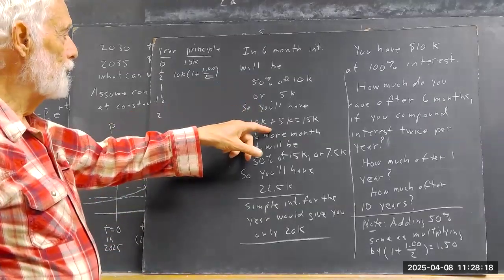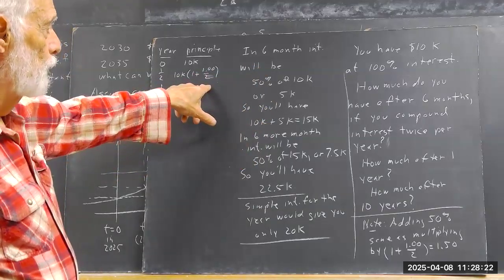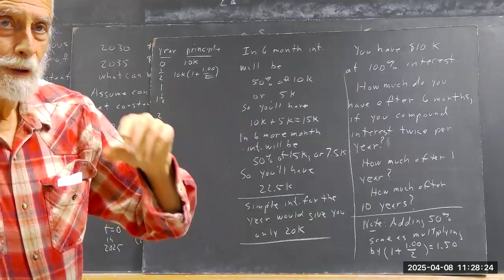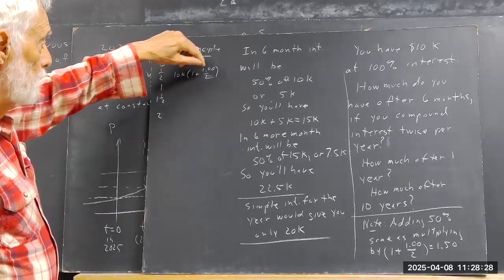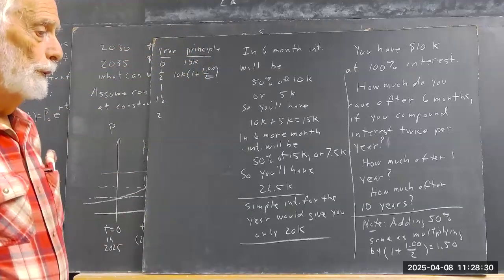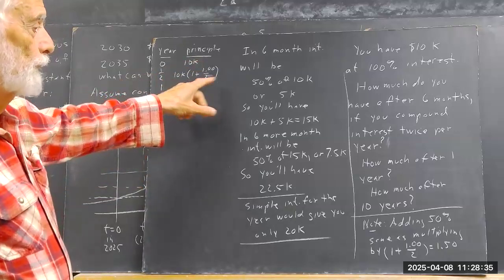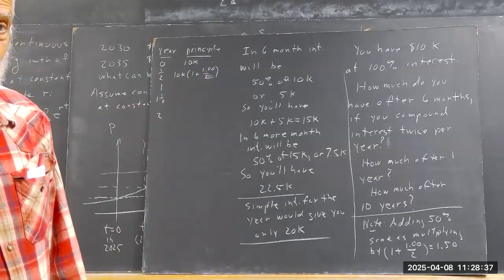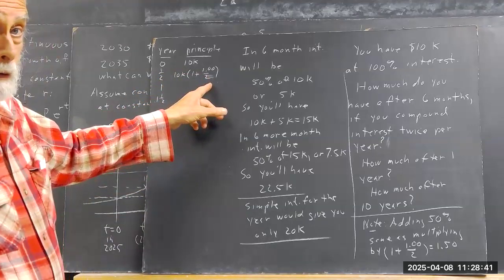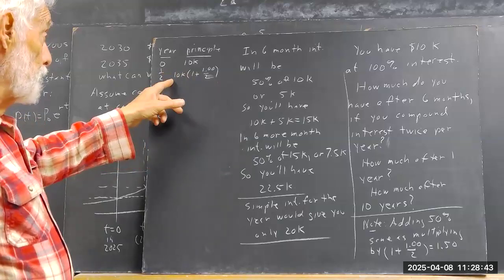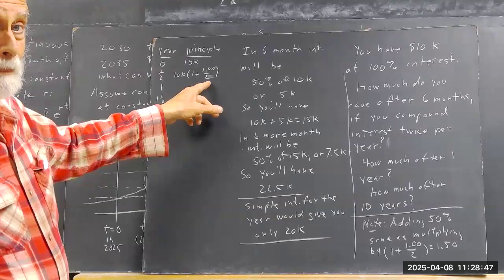Now, this is a common sense statement. This is an equivalent statement in a little more mathematical language. What does it mean to do 10K times 1 plus 1.00 over 2? Well, 1.00 over 2 is 0.5, right? And that's going to be multiplied by the 10K. That's the distributive law, right? So multiplying the 10K by this is your interest.